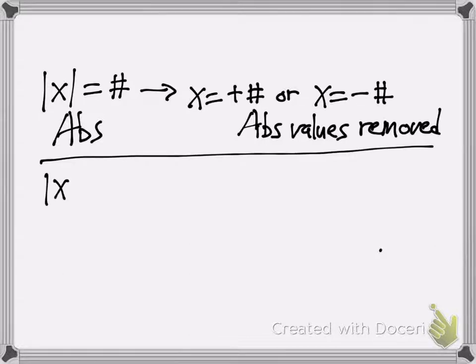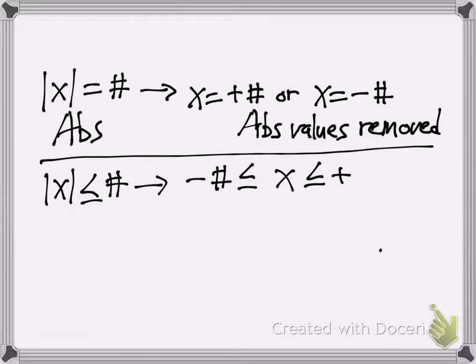So next case, absolute value less than a number, or let's just go less than or equal to. What does that mean logically? Well, let me just give you the steps, and then I'll do examples that'll hopefully make more sense of it in a minute. That means remove the absolute values, and x is between the negative and the positive number.